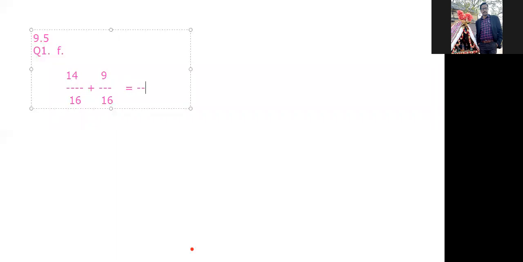So here we move. 14 and 9 are the two numbers which are to be added, because we have already got a common denominator of 16. So we add 14 plus 9. Now here something will be a little different.